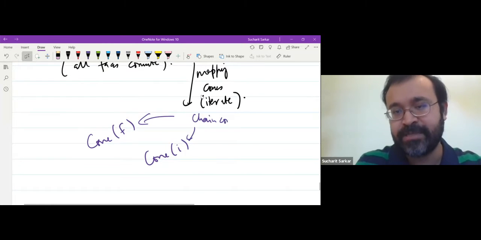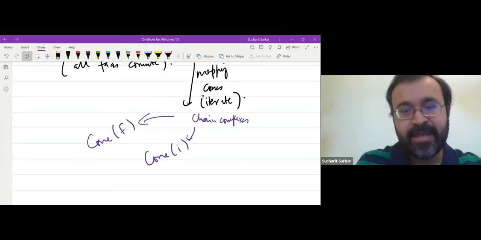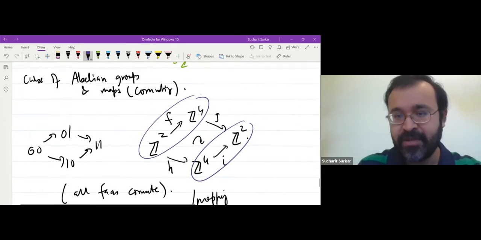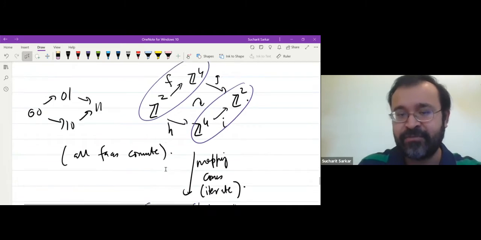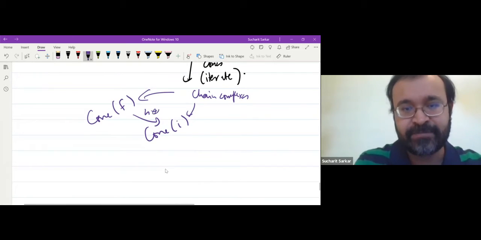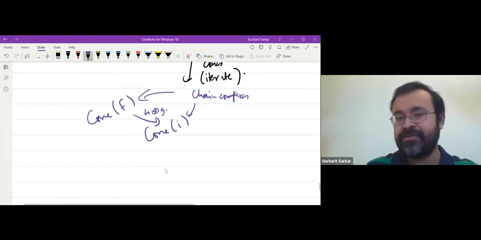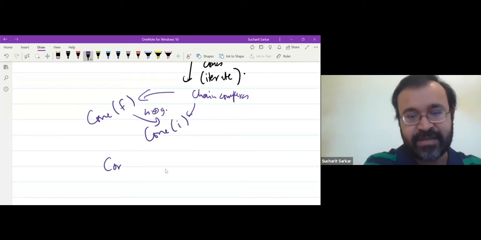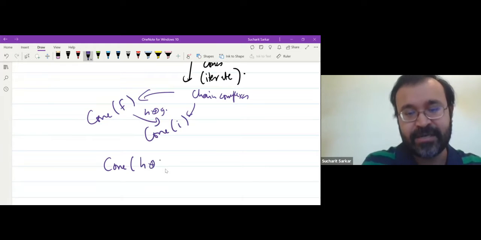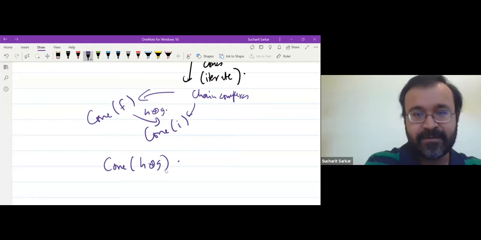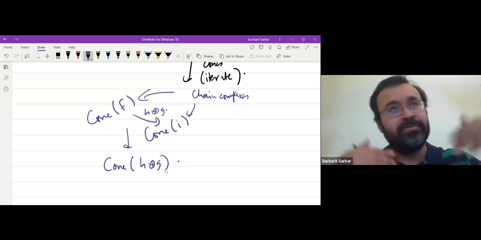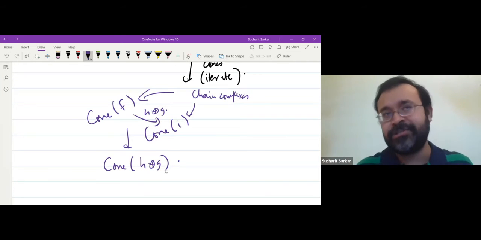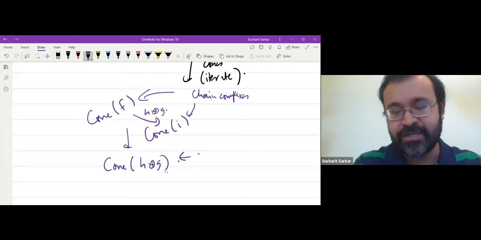And there's an induced map between them, which is given by these maps H and G. Let's call it H plus G. You take the mapping cone of that. So you take mapping cones in each direction of the cube, iterate the operation, and you end up with a single chain complex.